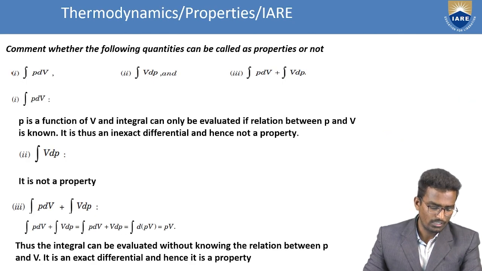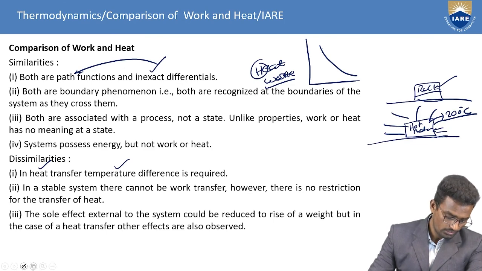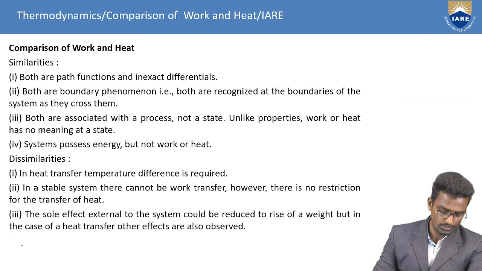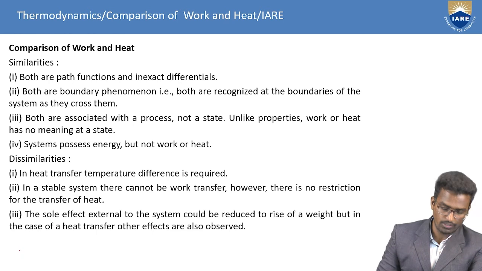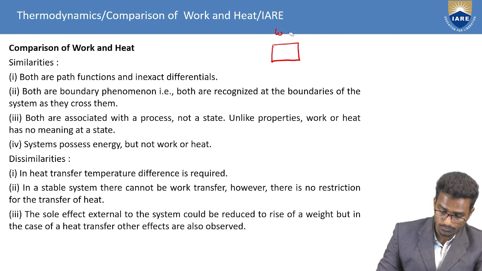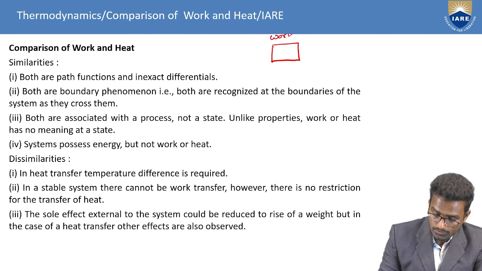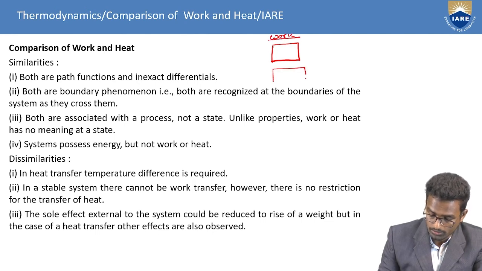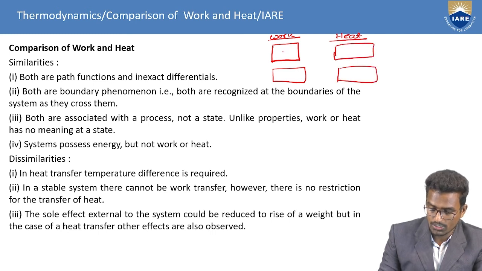When you go for both heat and work, the most memorable points are the sign conventions. So I'm writing this. This is work, examples for work, and this is an example for heat. Assume this is system 1, which is for work, and this is system 2.